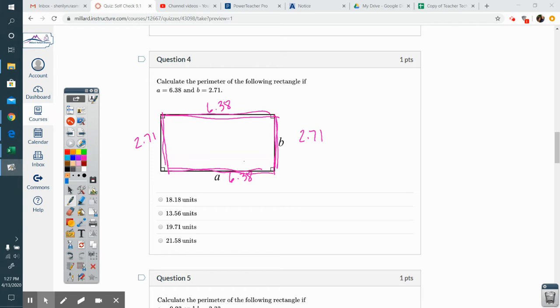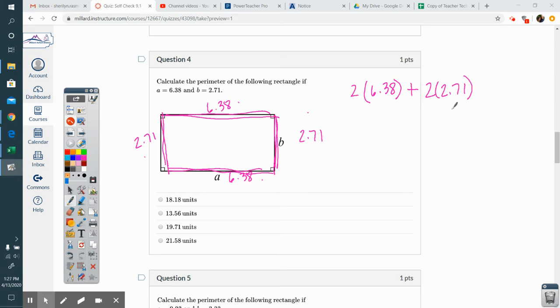So you can either write it all out like I've done and just add this, plus this, plus this, plus this, or you can take 2 times the length plus 2 times the width. Because there's 2 widths and there's 2 lengths.